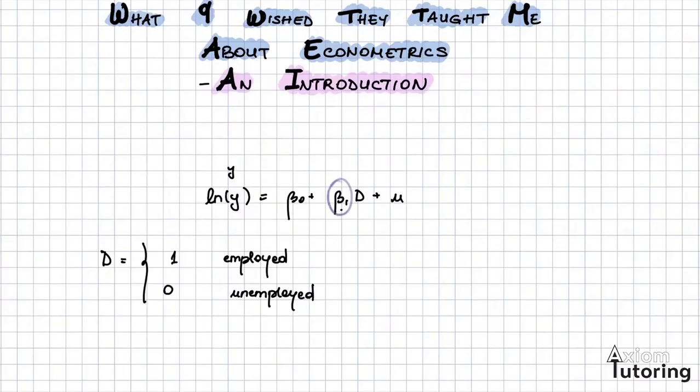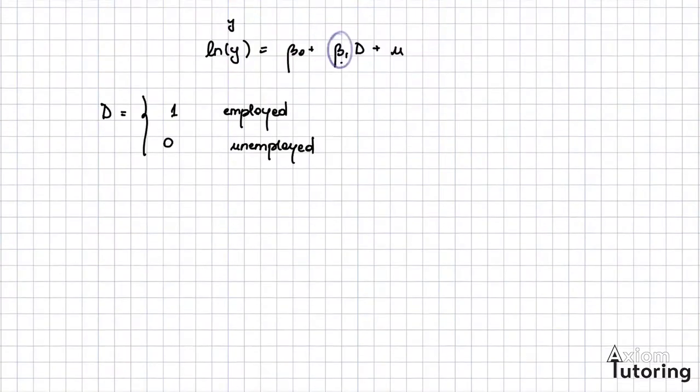Let's do the same exact work that we did when we showed the interpretations of the dummy coefficient for the level model. So case 1, we're going to have d equal to 0, which means that when we do the estimation, we're going to have ln of y equals beta 0 hat, because beta 1 is going to disappear when we substitute d equals 0.